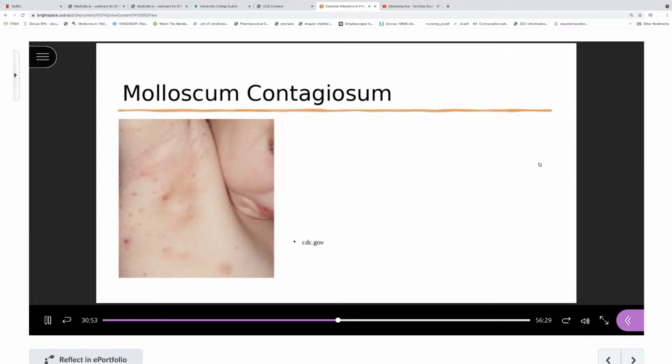There's no specific treatment for them. They usually don't cause much bother, although they can be a bit unsightly and itchy as well. Sometimes little areas can become infected with a bacteria such as Staphylococcus. But generally, we just advise parents that they're self-limiting and will resolve in 6 to 12 months. Cryotherapy, which is liquid nitrogen, is sometimes used, but mostly not necessary.